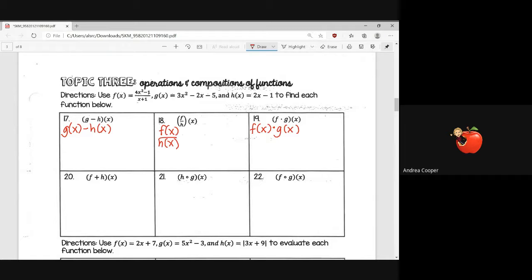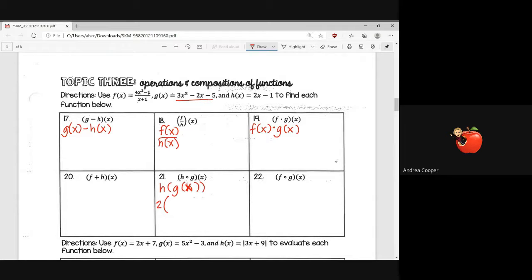If it's a solid dot, that's multiplication. If it's an open circle, that is when you compose it. You put something into something else. So on 21, if I put g, oops, that should be an x instead of an h. If I put g into h, so g is right here, I'm putting that into h, so it's going to be 2.